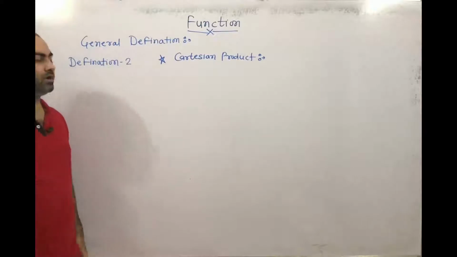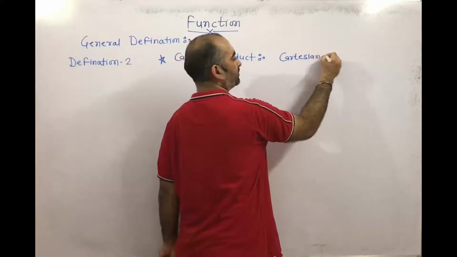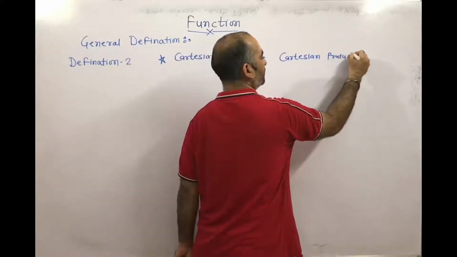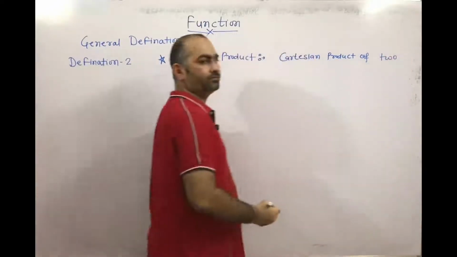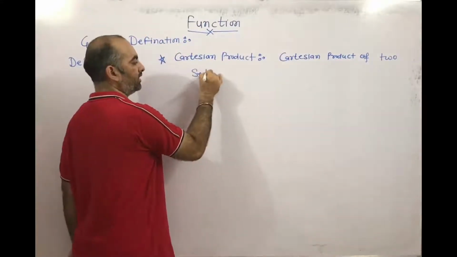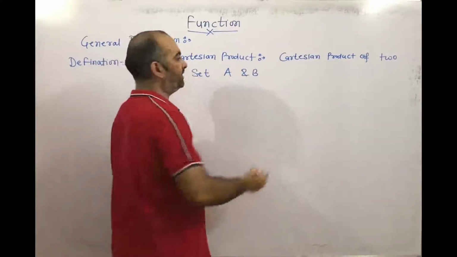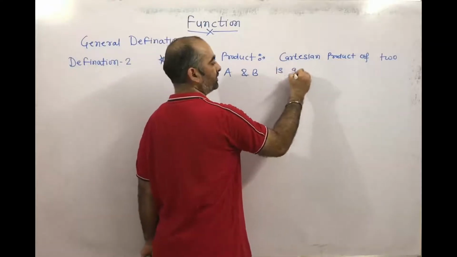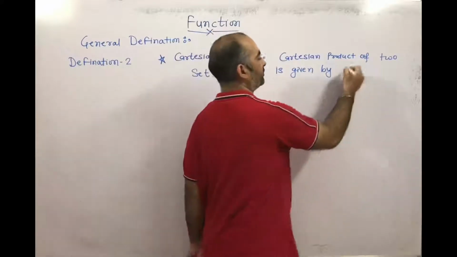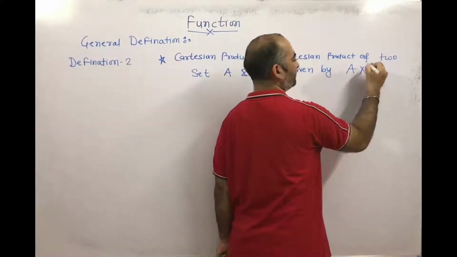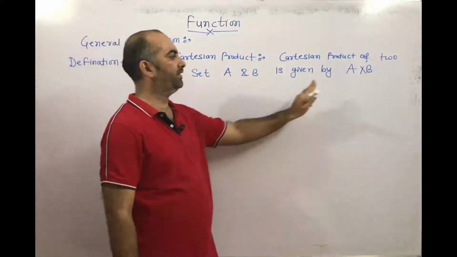The Cartesian product of two sets A and B is given by A cross B.